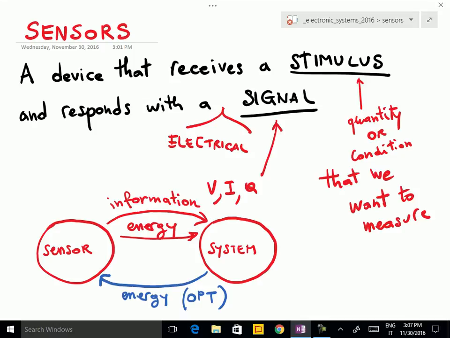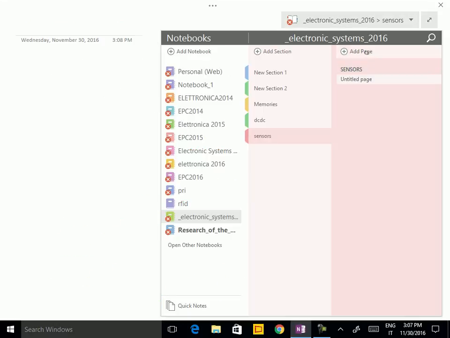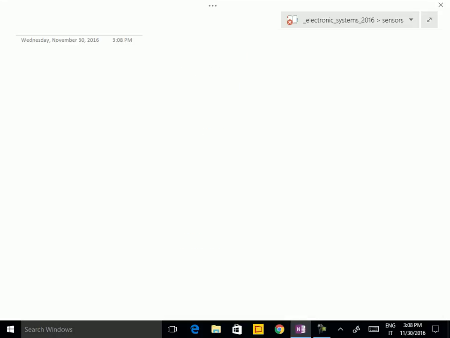Some other words are new for you. A word which is strictly connected with the sensor is the transducer. Let me just put the transducer in relationship with the sensor.